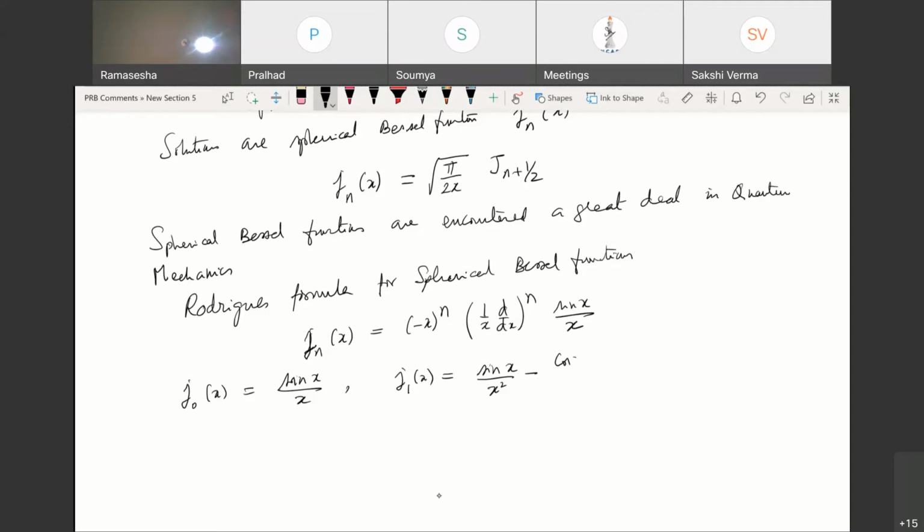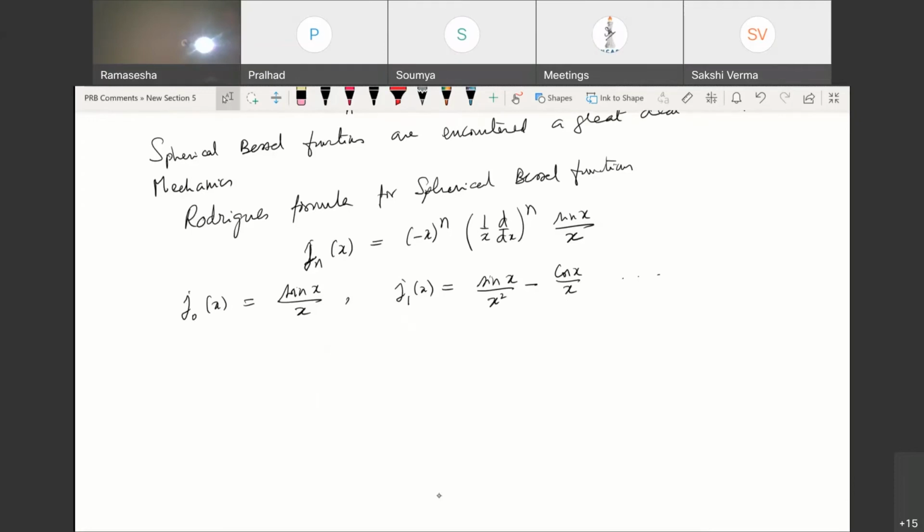There's also what's called a general recurrence relation of the following form, dividing by x.